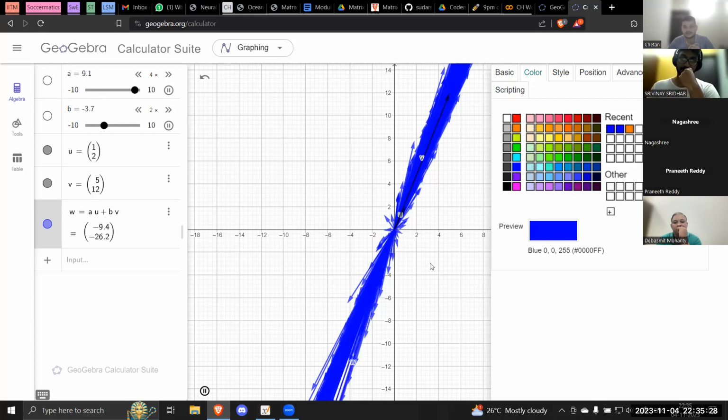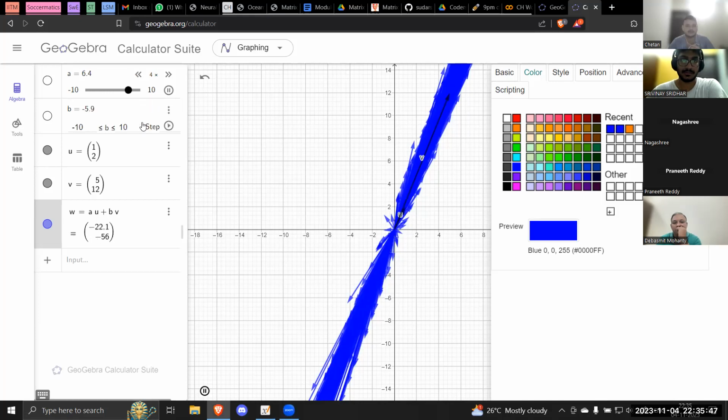And with this plane, if we vary the value of A and B, can we reach all the points in R2? Maybe can you increase the steps for these variables, Vinay? Just make them 100 instead of 10.